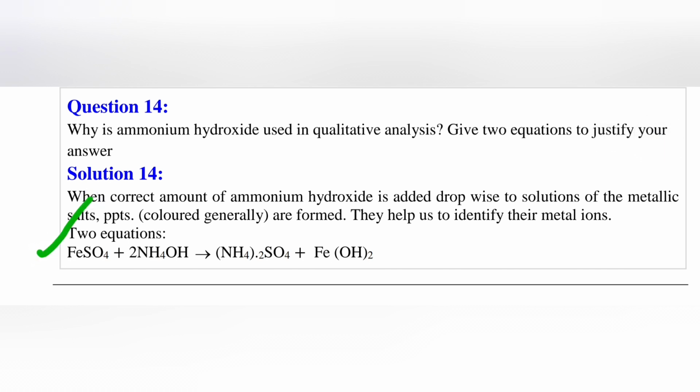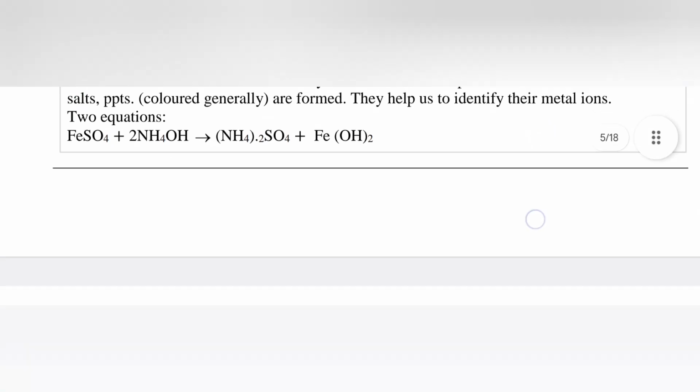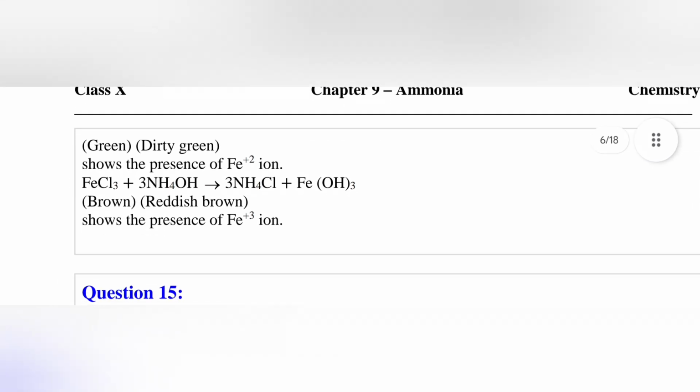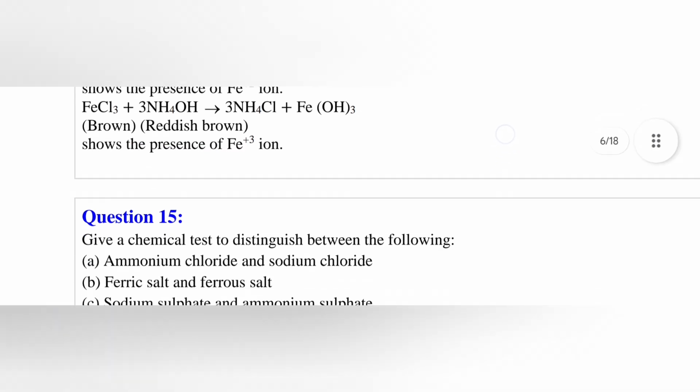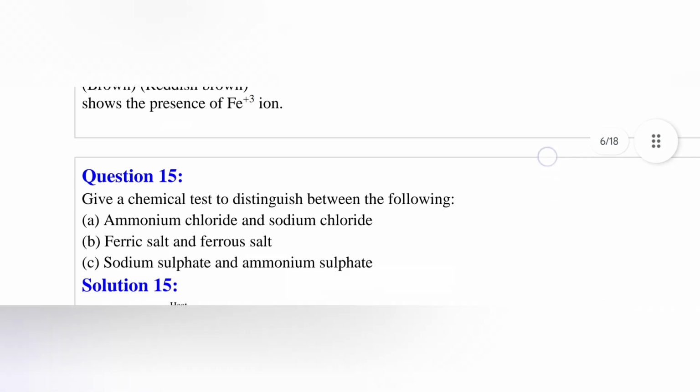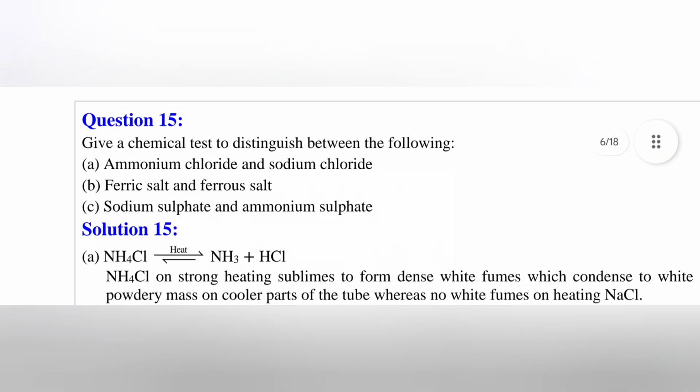Like ferrous sulfate, when it reacts with ammonium hydroxide, it gives a dirty green precipitate of iron(II) hydroxide. And if it is ferric, it gives reddish brown. So this method is useful to detect metals with different oxidation numbers as well as different types of metals, because each and every metal gives a different colored precipitate with ammonium hydroxide.